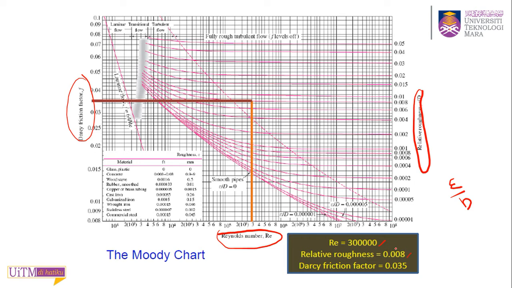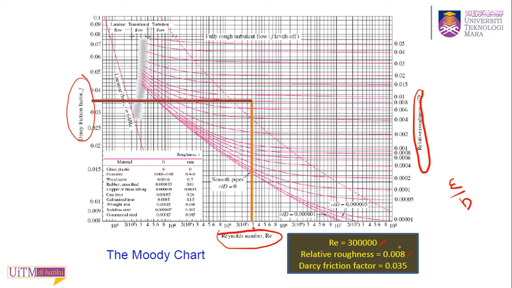Okay, what you do is, first, from the Reynolds number axis, find your 300,000. In this case, the axis is given in 10 to the power of 3, 10 to the power of 4, 10 to the power of 5. So 300,000 is here, this is 300,000. You draw a line going up. That's your one line.